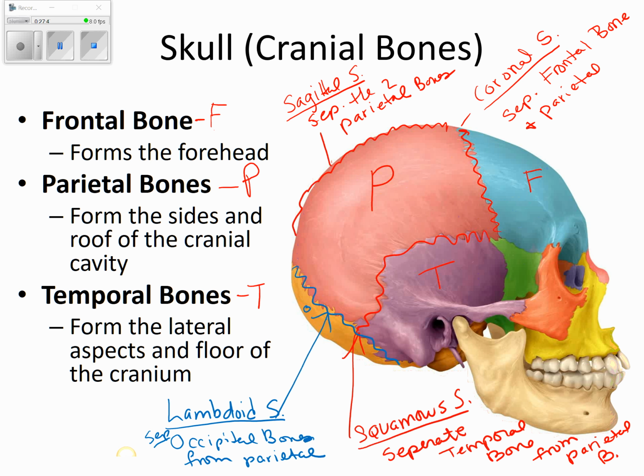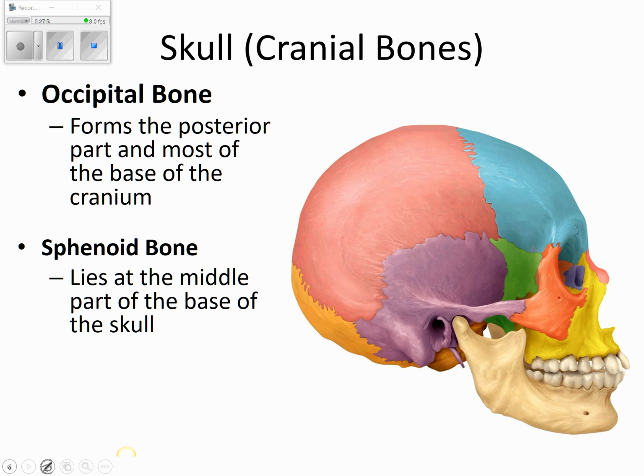So that serves as a boundary between the occipital bone and the parietal bone, or you could say it articulates with it. Also, in a little bit, on the next few slides, your temporal bone also forms your mastoid process, styloid process, and the external auditory meatus, which I'll put on another slide for you.